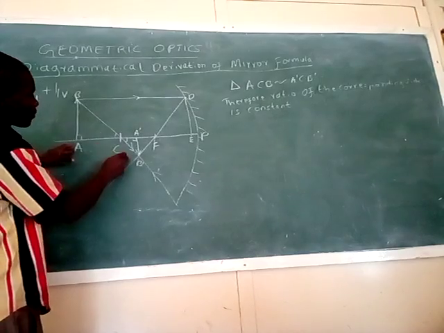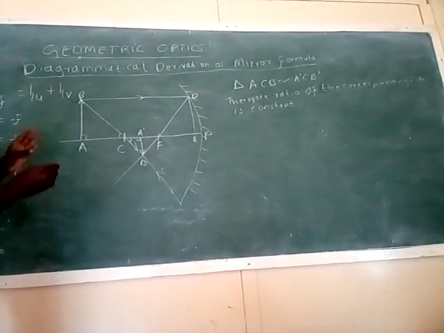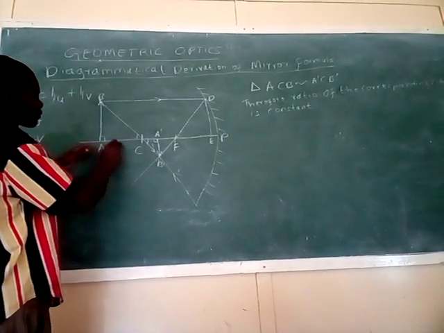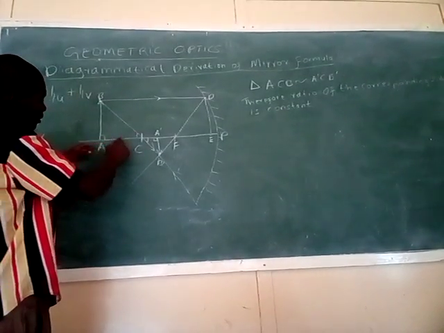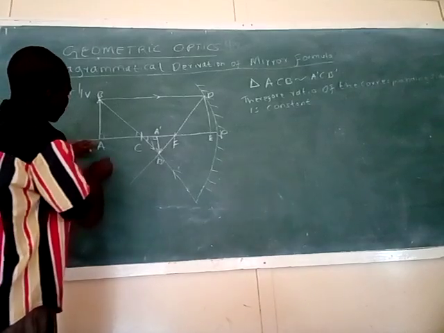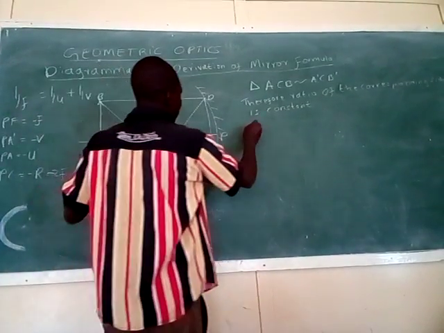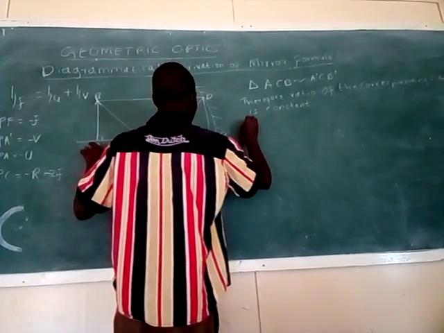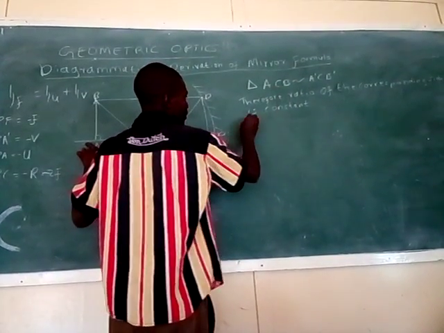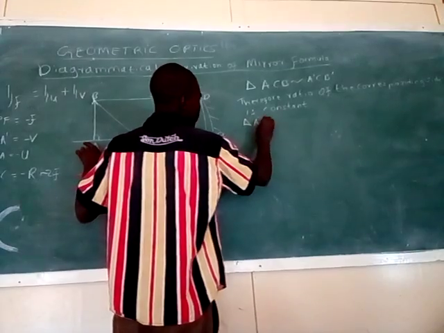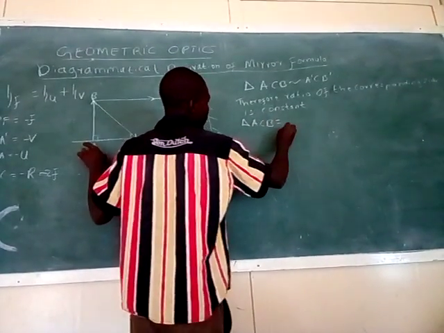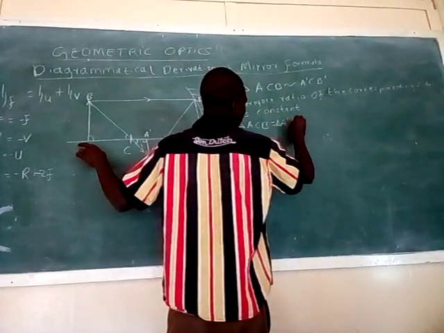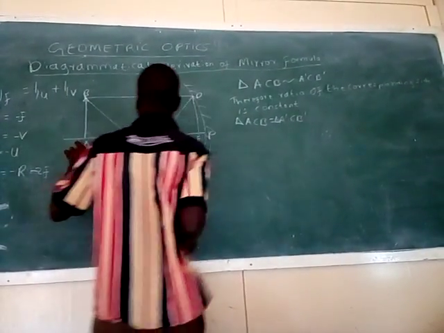Or you can take this A. But because we're dealing with distance, we're going to take AB. Of course, triangle ACB is the same as triangle A prime C B prime.